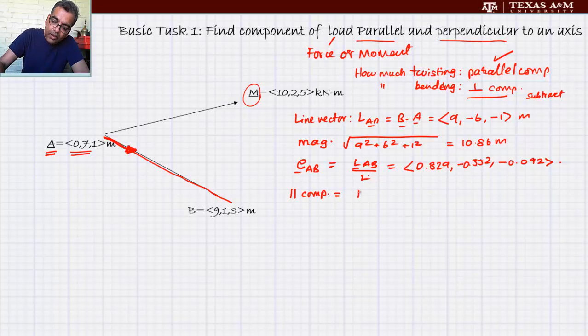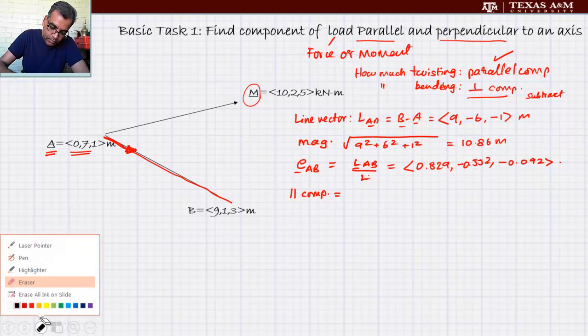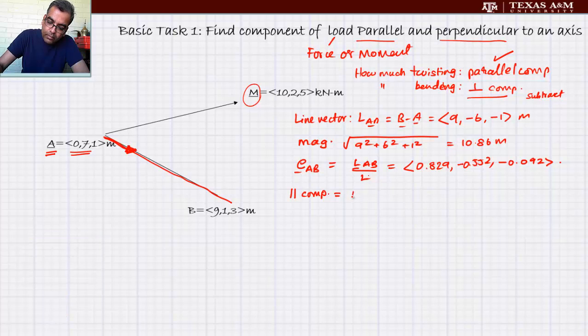equals F dotted with, or in this case M dotted with EAB, which turns out to be pretty straightforward.